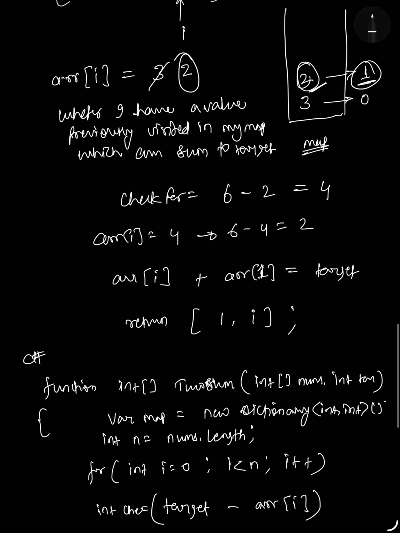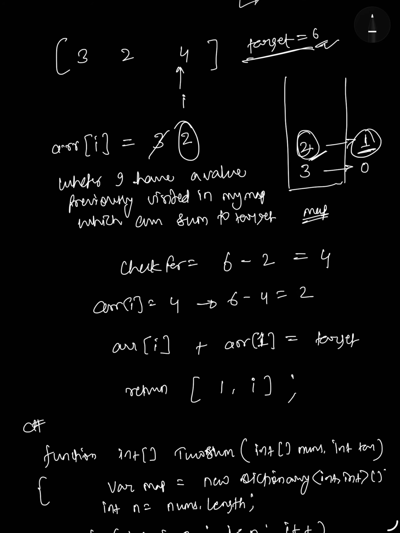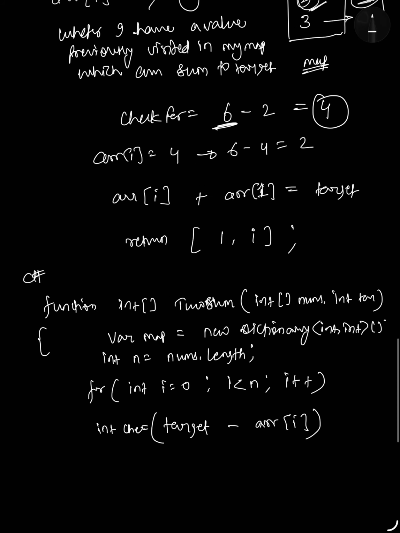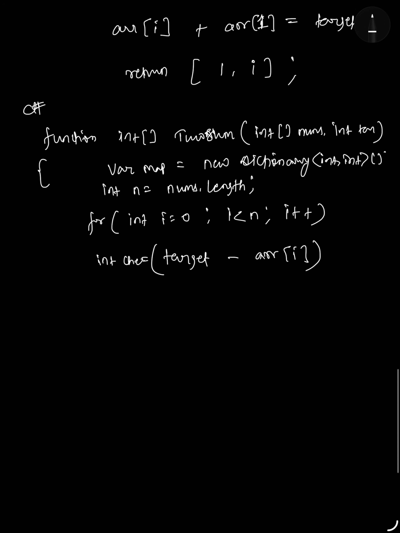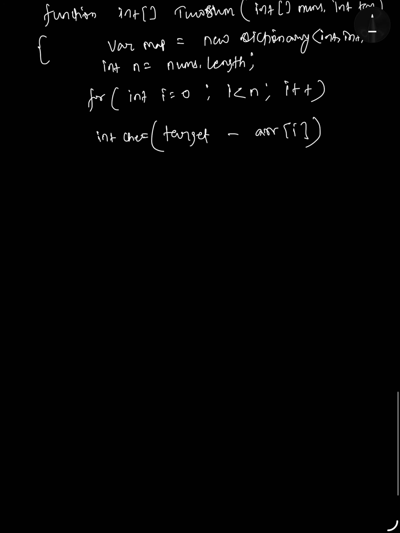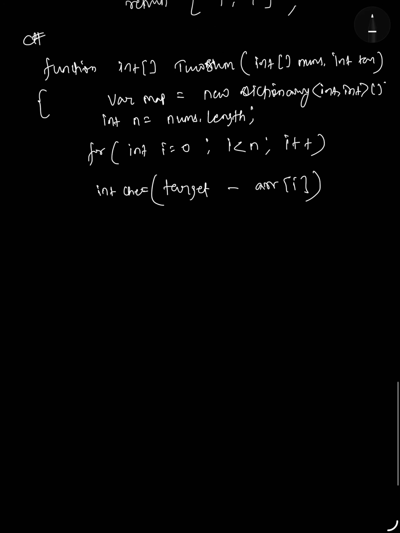So if you remember, here we were checking, right? Our current element was 2 here, and we had 6 as the target, so we were checking for 4 in our map. Then here, with 6 as the target and 4, we were checking for 2. So that is the thing we are doing here. Target minus current element will be the check value.